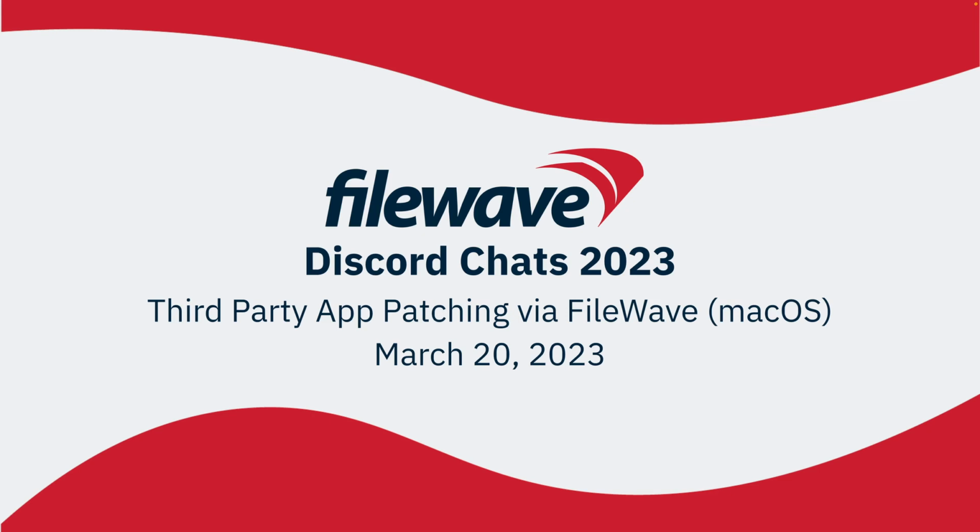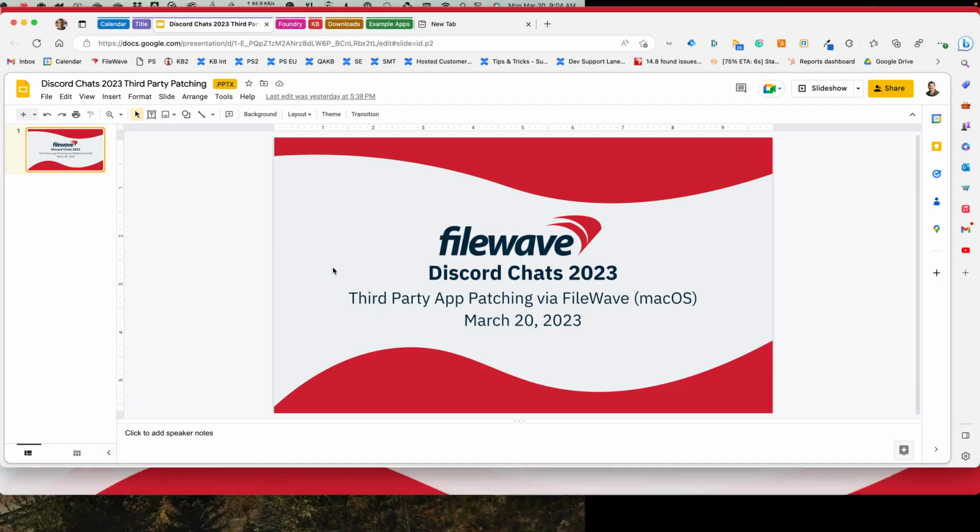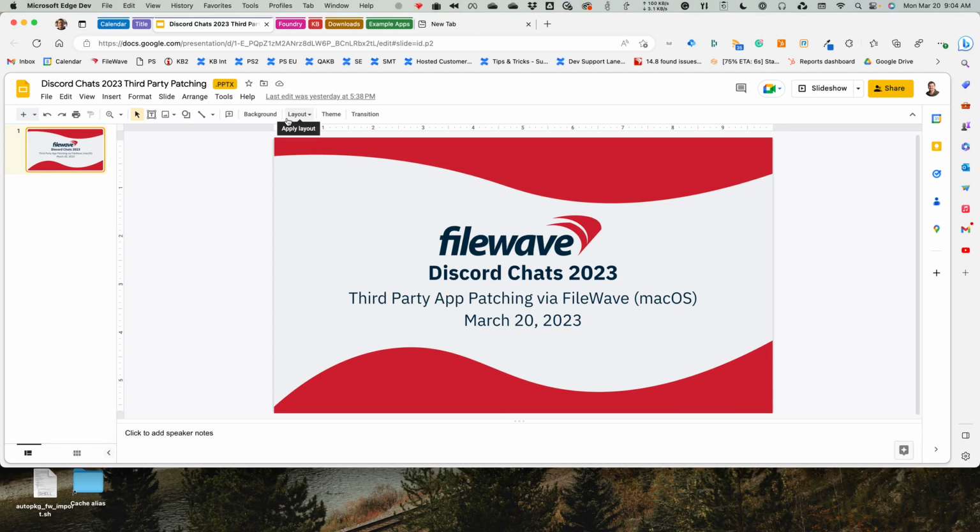Okay, let me get rid of this slide. I wanted to start with talking about third-party apps. It's not really OS patching that we're going to talk about. We're going to talk about things like Chrome or Firefox or Adium or some other application that you're trying to install.